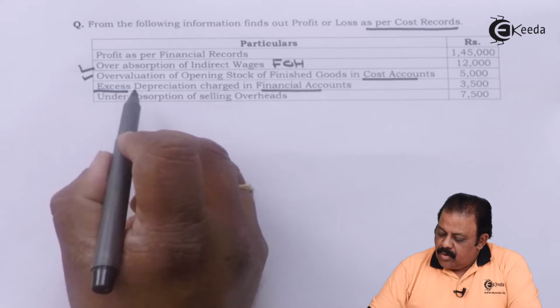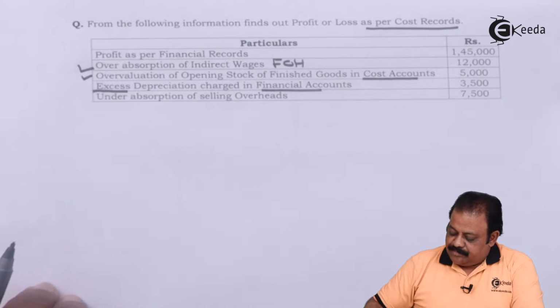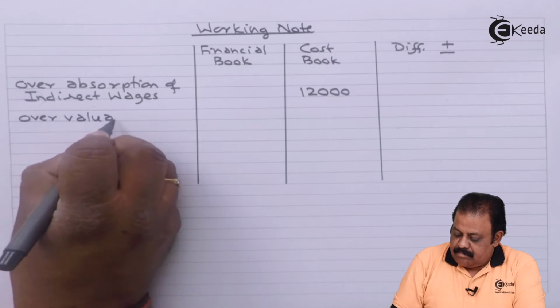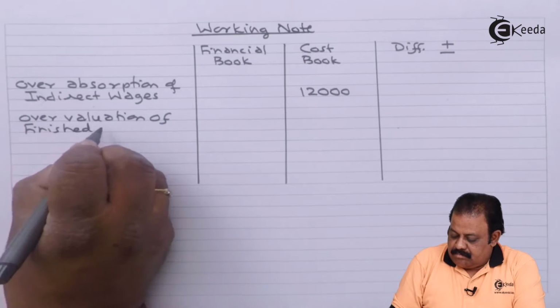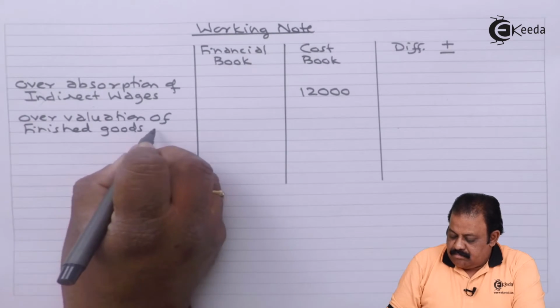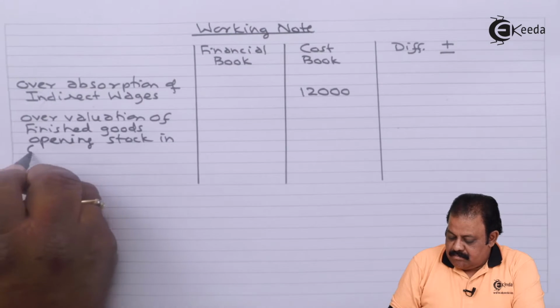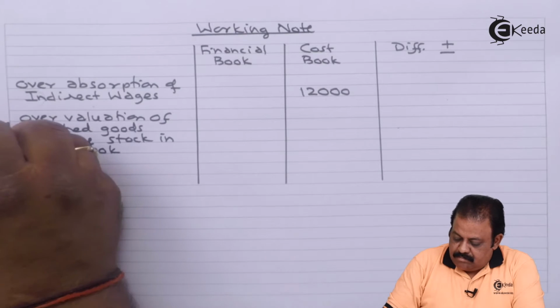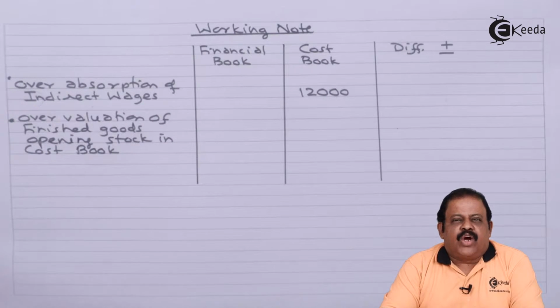12,000. Overvaluation of opening stock of finished goods in cost book, 5,000. Opening stock we record to the debit of income statement, to the debit of trading account, where we record all expenses.